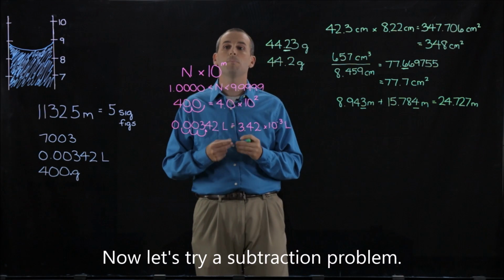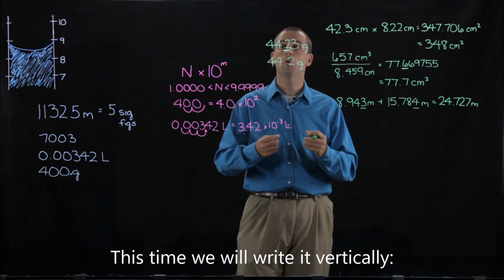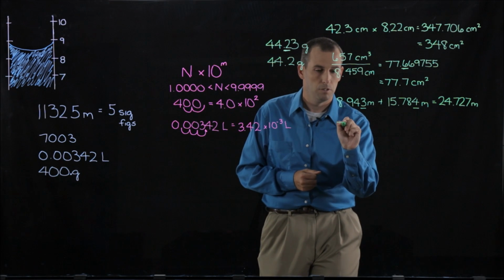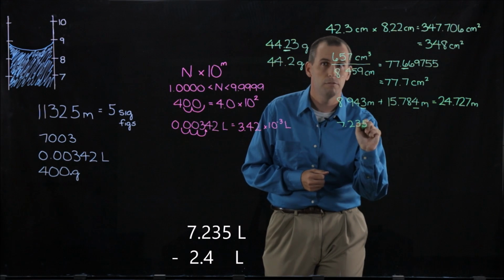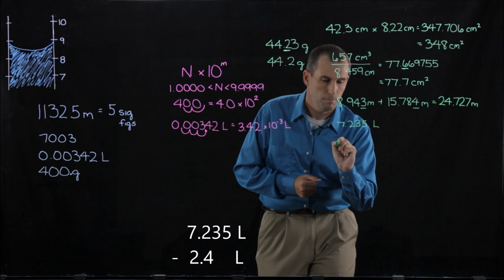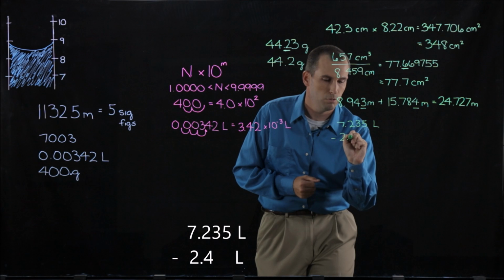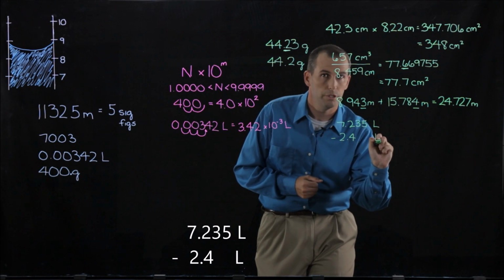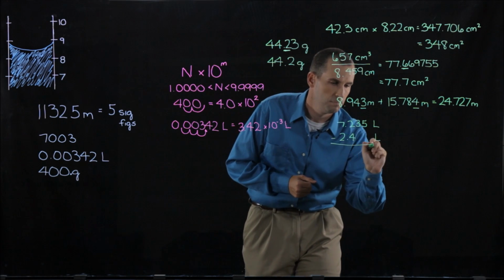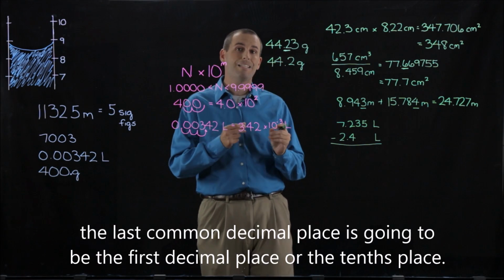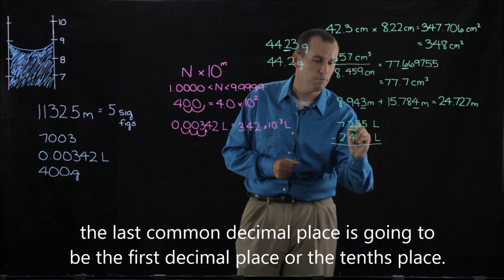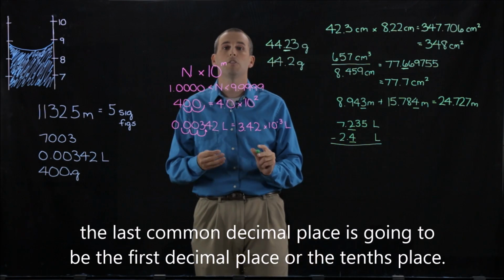Now let's try a subtraction problem. This time we will write it vertically. 7.235 liters minus 2.4 liters. Using the same rules that we just established, the last common decimal place is going to be our first decimal place, or the tenths place.